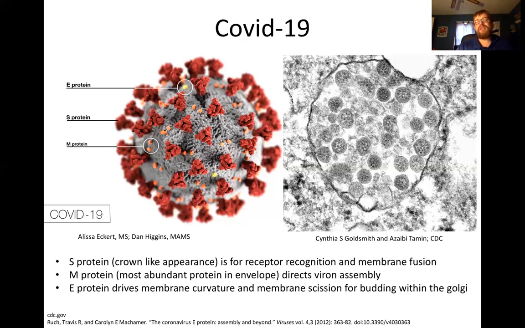What we see with viruses, and you'll see this in another diagram a little later, is that as a virus gets ready to leave a cell, if it's going to be enveloped, a lot of times it goes to the cytoplasmic membrane. It has proteins that help it attach there, and then it pulls a section of the cytoplasmic membrane off before it leaves.